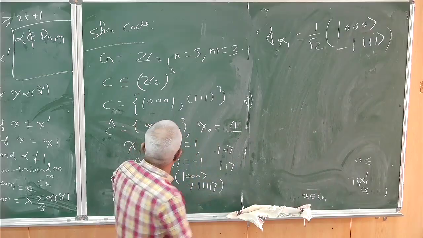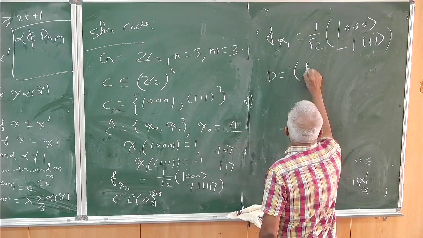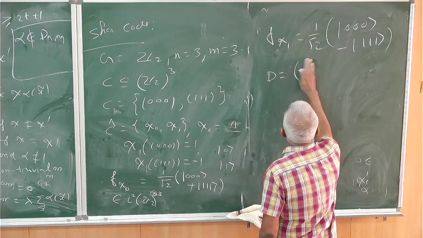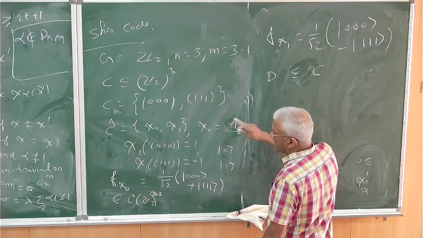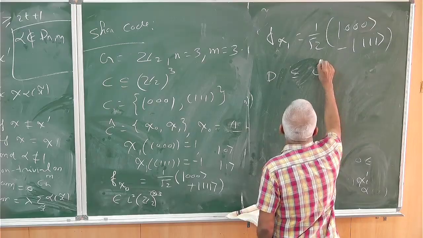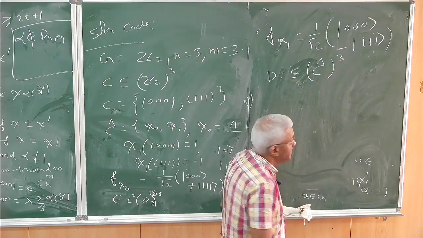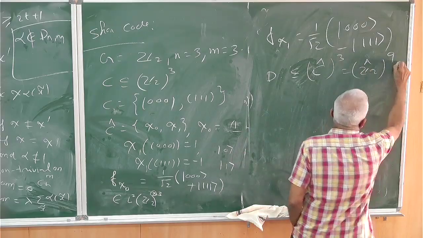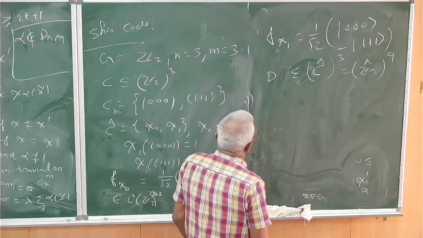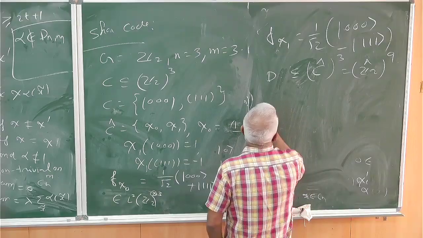Now our D is a subset of C hat to the power 3, which is going to be Z2 hat to the power 9. So our coding space is going to be, what is D?